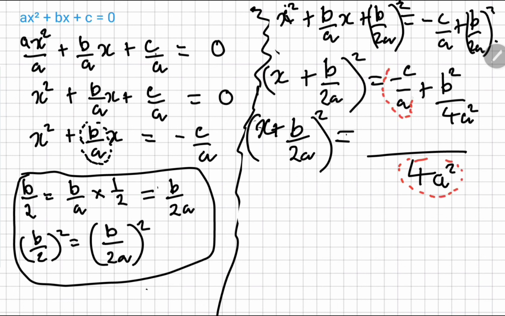So I'm going to multiply it with c over a. The product that remains goes on top. The 4a squared is going to be multiplied with the b squared over 4a squared, and then whatever remains goes on top. Notice what happens here. 4a squared times minus c over a.